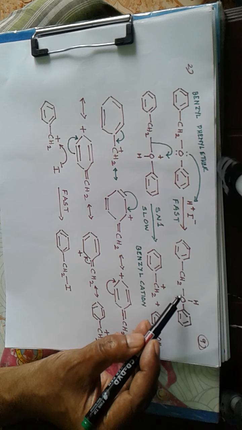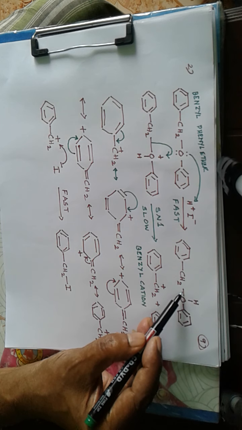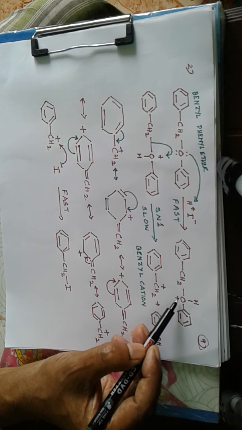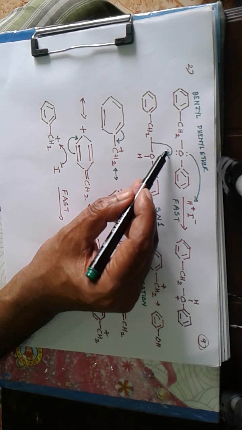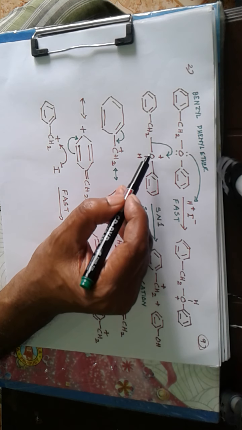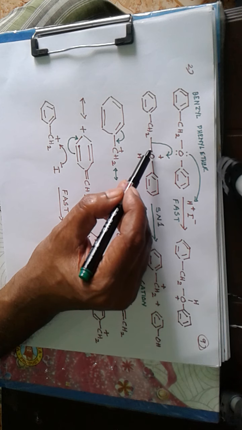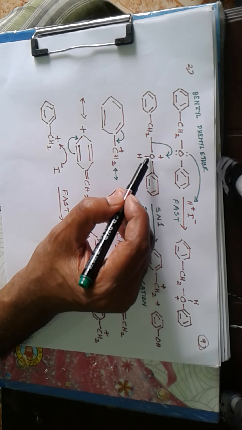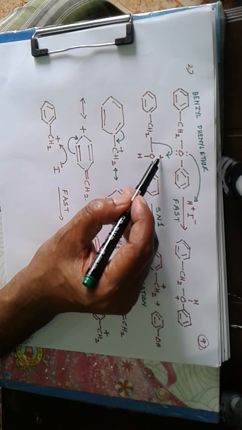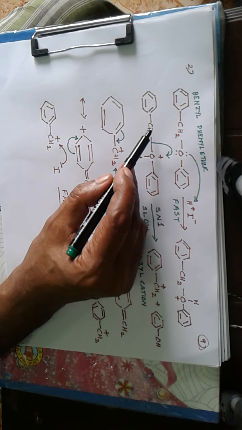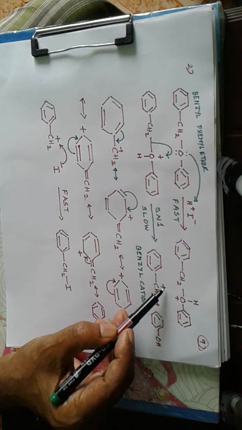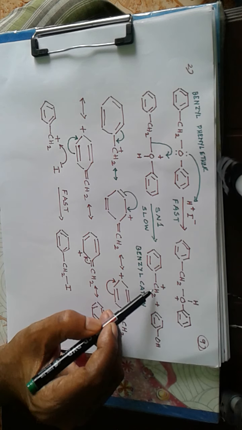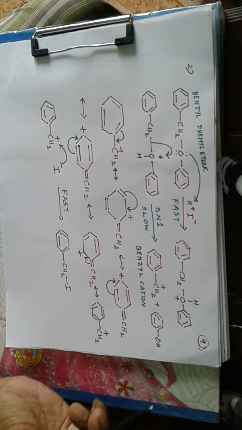So naturally there is a chance for a shift of this pair of electrons in this direction. And why is this mechanism SN1? Because when this pair of electrons shifts over the oxygen atom, and this pair of electrons is taken up entirely by the orbital of oxygen, it neutralizes its charge and a charge is formed over this carbon. Carbon gets a positive charge and this cation is called the benzyl cation.